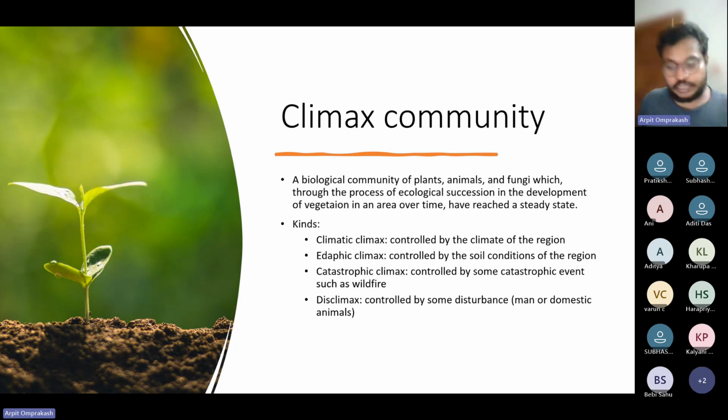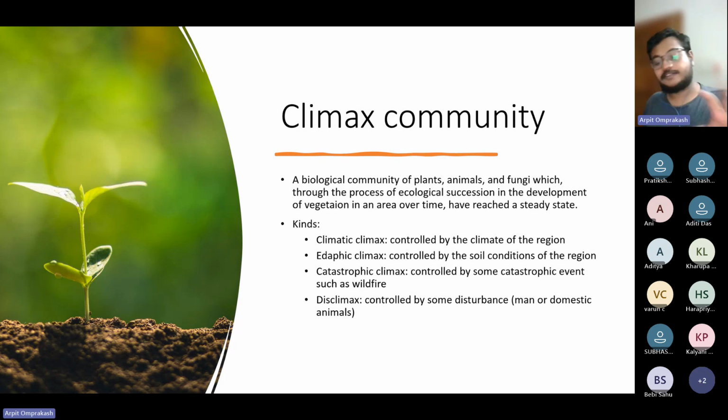Next, we have again the climax community. The climax community is the biological community of plants, animals, and fungi which, through the process of ecological succession in the development of vegetation in an area over time, has reached a steady state.